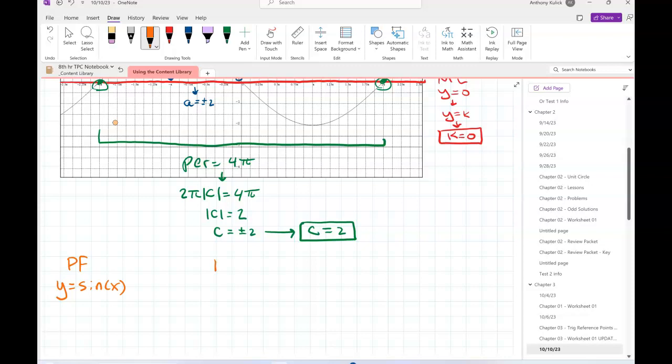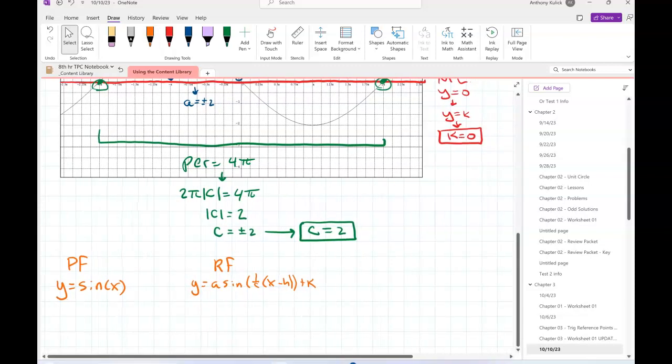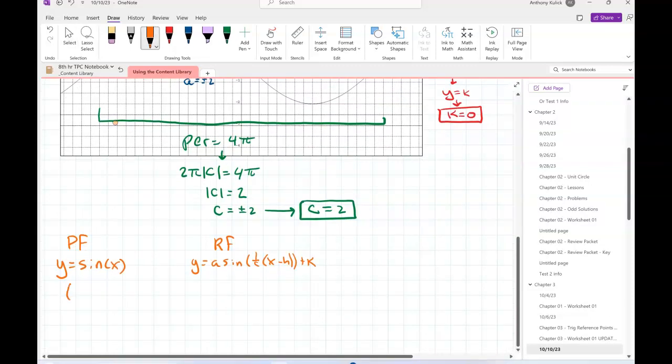So what I'm going to do now is I'm going to pick a point from the parent function of sine x. The point I'm always going to use, because again, it's going to make the arithmetic easier, is the point 0, 0.